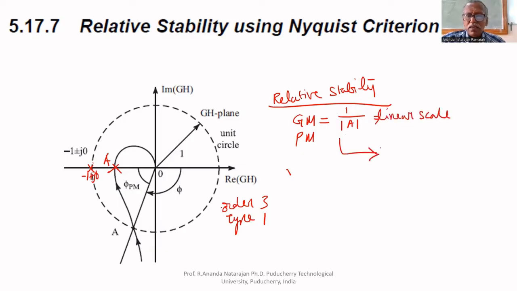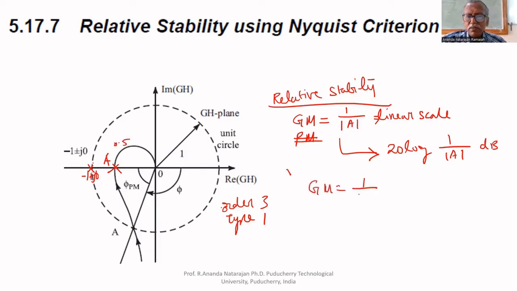Suppose you want gain margin in decibel scale, we have to find 20 log 1 upon modulus of A, or minus 20 log modulus of A. That is gain margin in decibel scale, in dB. What is the meaning? Suppose here gain is 0.5, what is the gain margin?